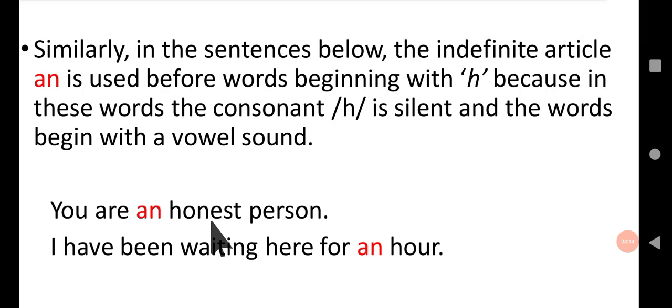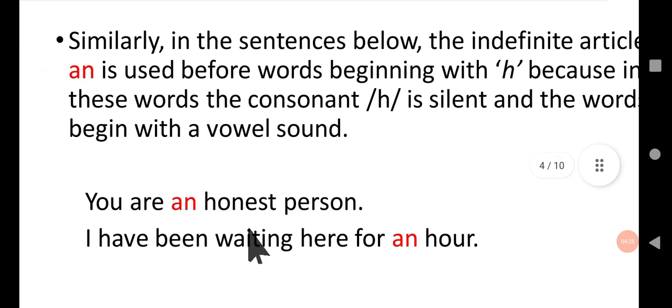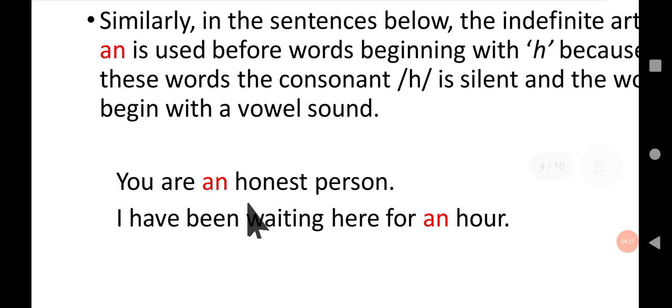But there are some cases where nouns begin with a consonant letter, but when you pronounce it, the pronunciation starts with a vowel sound. If you look at these statements here, you are an honest person. I have been waiting here for an hour.